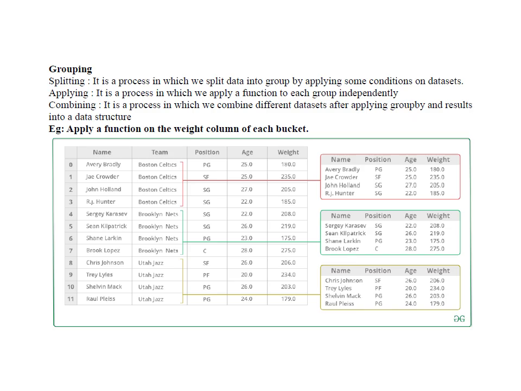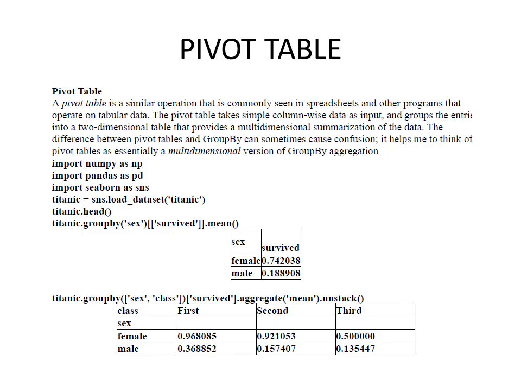Grouping. Grouping shows splitting and applying the function by a column. So next is pivot table. A pivot table is a similar operation that is commonly seen in spreadsheets, and it's a 2-dimensional table providing multi-dimensional summarization of data. Here we use Seaborn.